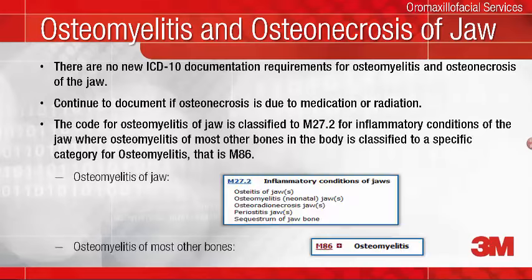It's interesting to note that the code for osteomyelitis of the jaw is classified to code M27.2 for inflammatory conditions of the jaw, which was the case in ICD-9 as well. Osteomyelitis of most other bones is classified to category M86, which is entitled osteomyelitis.